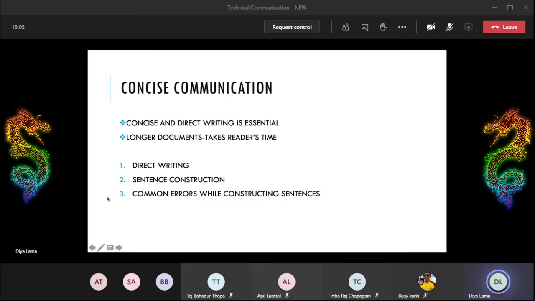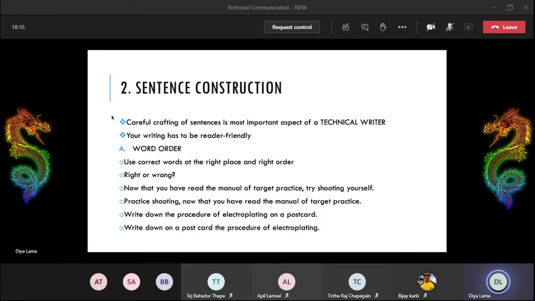So sentence construction चाहिँ कस्तो हुनुपर्छ त? Careful crafting of sentences is the most important aspect of a technical writer. So when you write your document, obviously you don't write one word, लेख्दैन है तिमीहरूले, के लेख्छौ त?